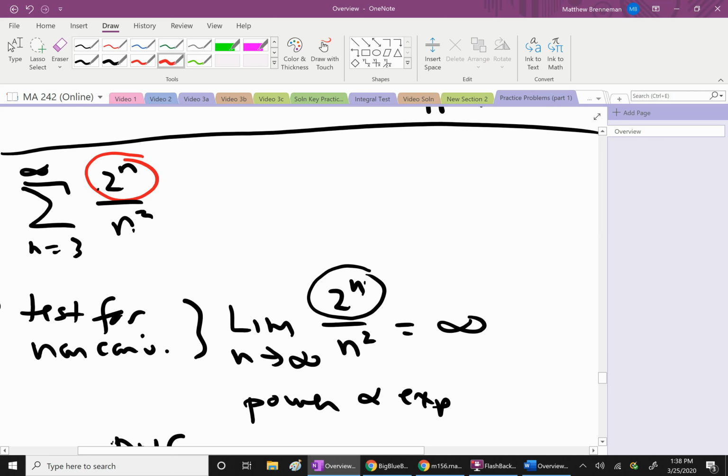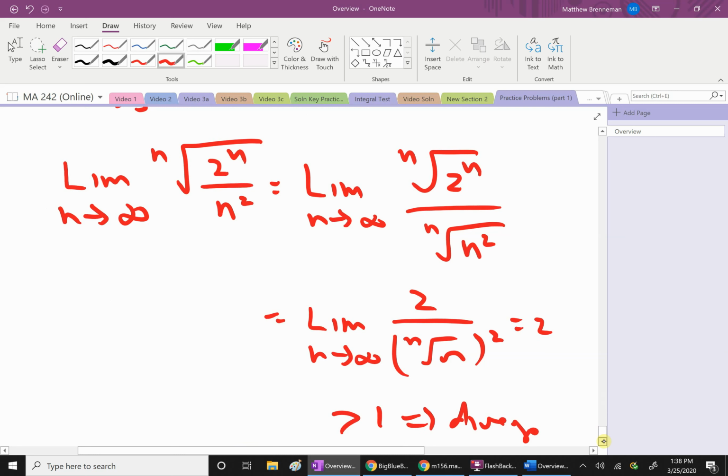I might get to the point where I have to evaluate the nth root of n, and say, you know what, I don't feel comfortable with that. So let me try the ratio test, and the ratio test is easier. Just like with methods of integration, there's sometimes more than one way. The same is true for testing for convergence. Which one do you use? Well, you know us, we're lazy. We use the easiest one, right?